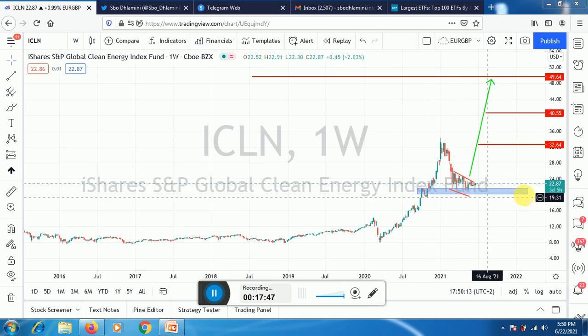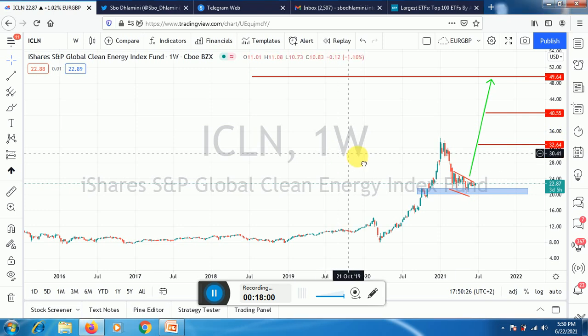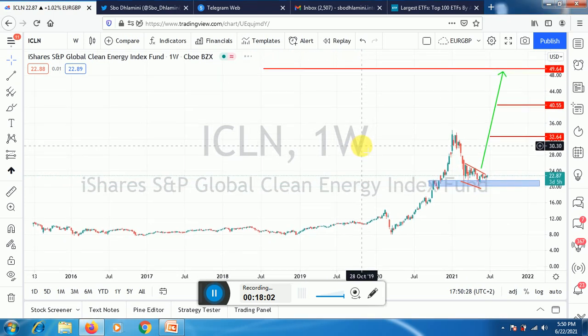But now I'm seeing that it has found some value around here, and then it will start to push higher again, maybe up to the $45 level, even as high as the $50 level.